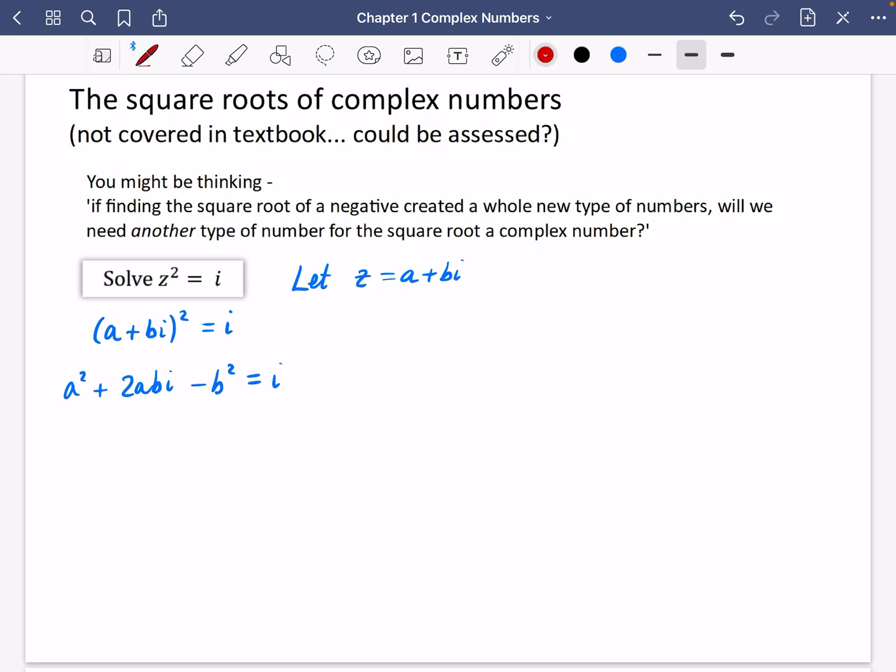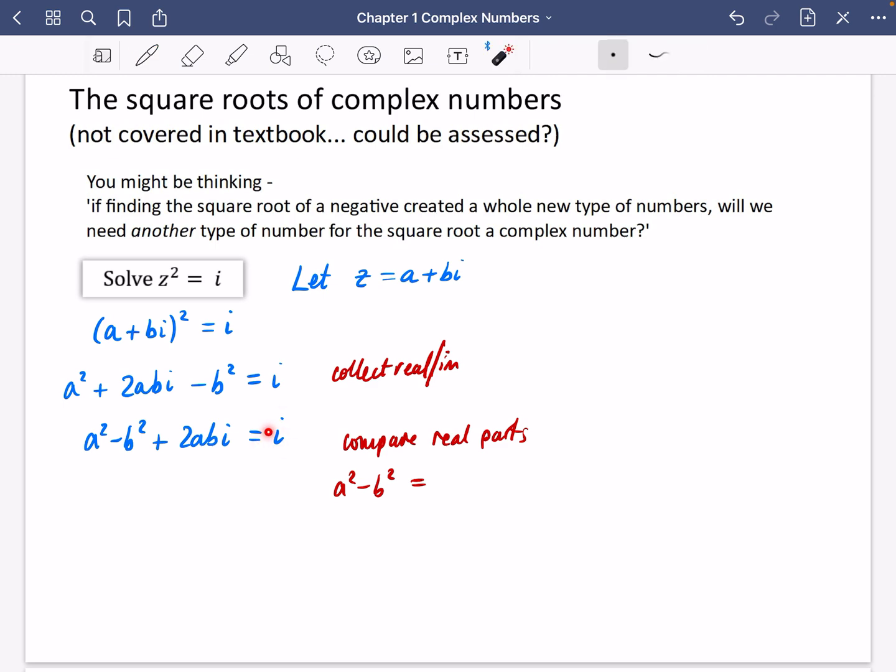So we're going to do that same thing. We're going to collect together the real and the imaginary parts. The real parts are a squared minus b squared, and the imaginary parts are 2abi, equals i. Then what we do is we will compare the real parts. On the left-hand side, the real parts are a squared minus b squared.